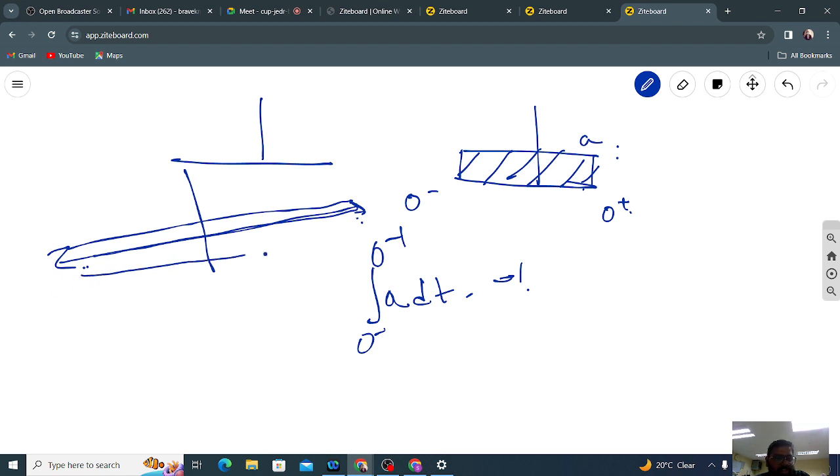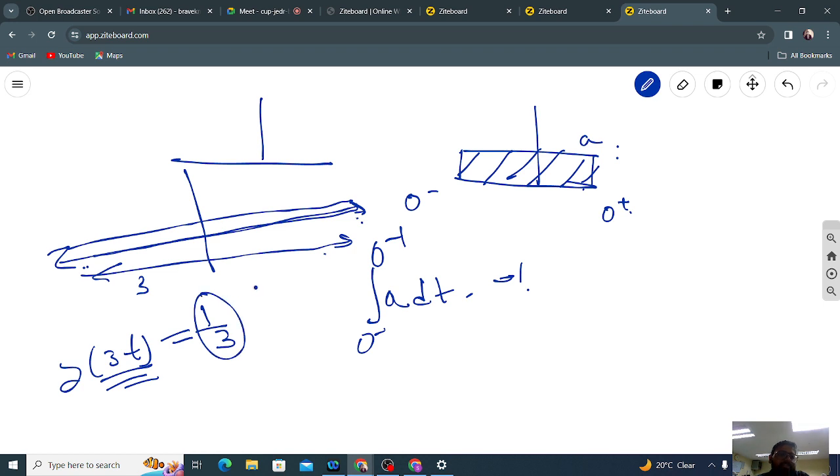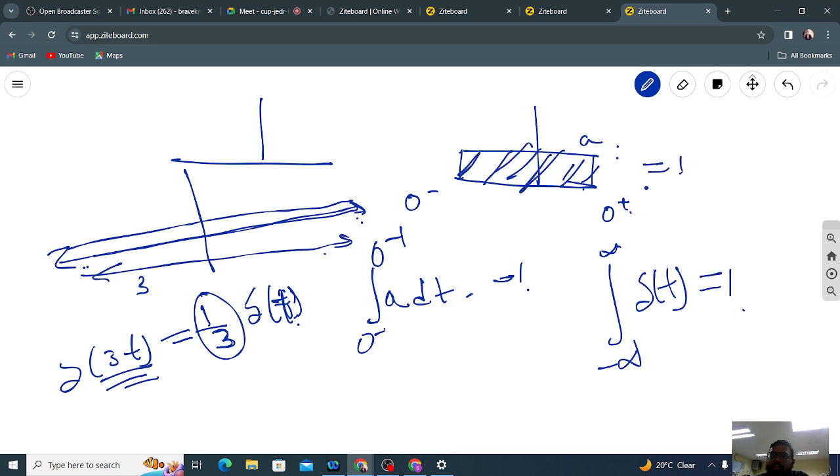If I increase it by a factor of 3 for del 3t, the amplitude factor will be 1 by 3 of del t, just to keep the integral of del t from minus infinity to infinity constant equal to 1, to keep the area under this curve equal to 1.